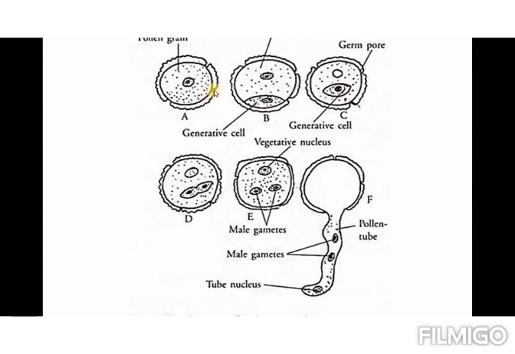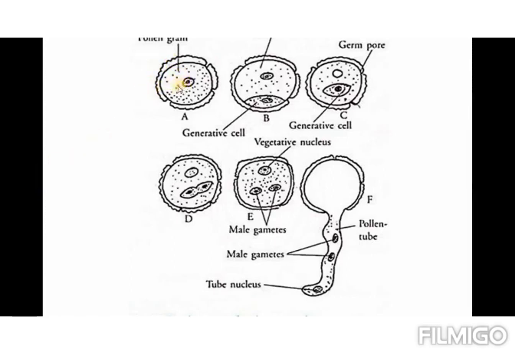And this exine at certain places is interrupted, and where the exine cannot be seen, this part is called the germ pore. These germ pores can be 1, 2 or 3 in a single microspore. Inside we can see the nucleus, and this nucleus is haploid.